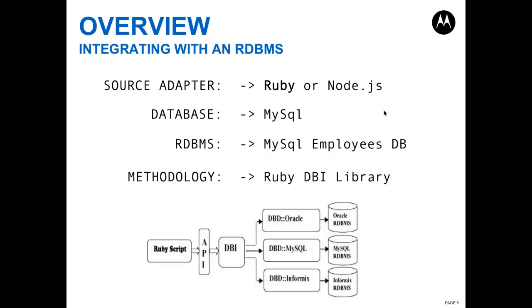The methodology that we're going to be using is the Ruby DBI library, and the graphic that you see is a general look at the DBI architecture. Basically, it's a sort of common framework or API for accessing backend databases, and it's similar in architecture to JDBC.